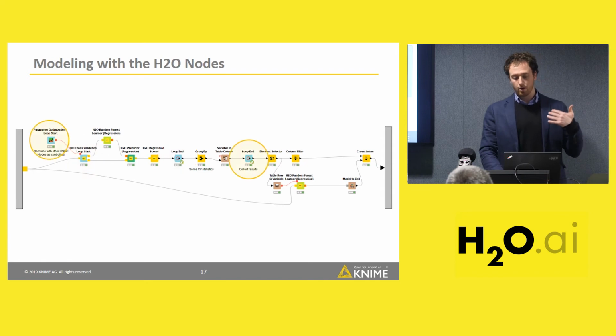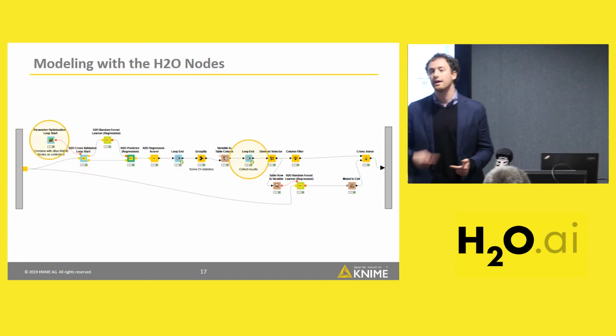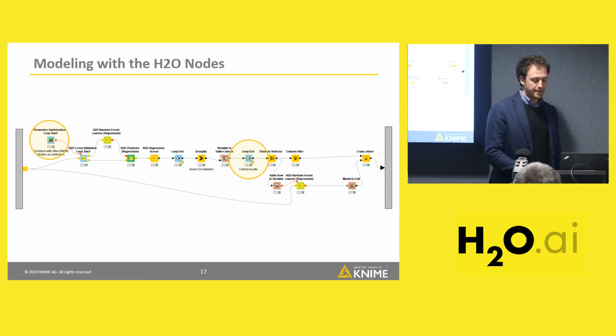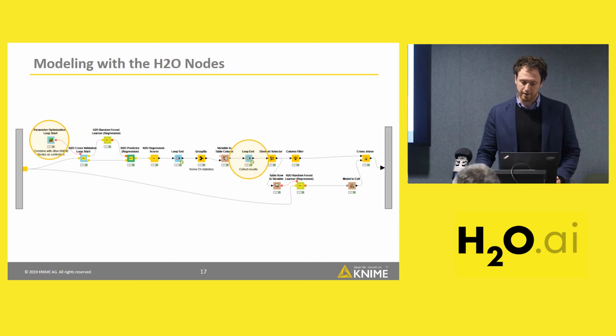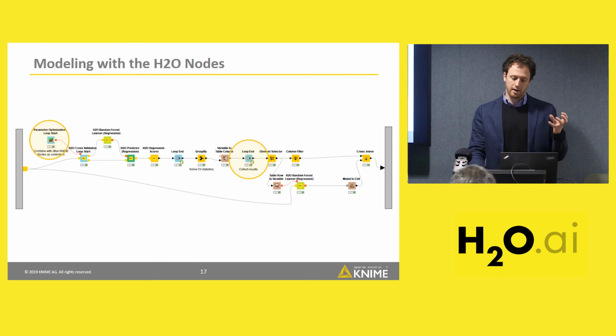And we are also going to use the parameter optimization loop that every time will try a different number of trees, right? So at the end, what you get is that here you have a group by, right? This group by is basically computing the average across all the cross-validation evaluations.